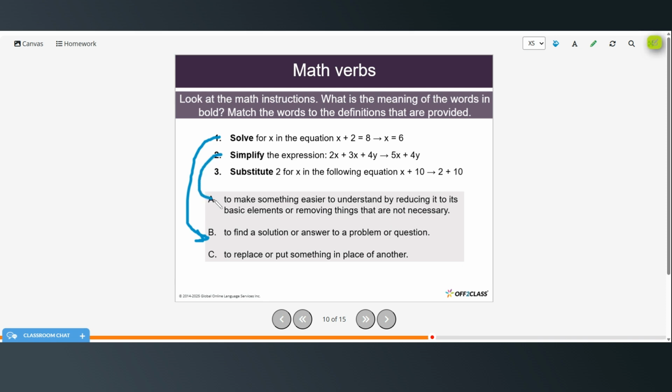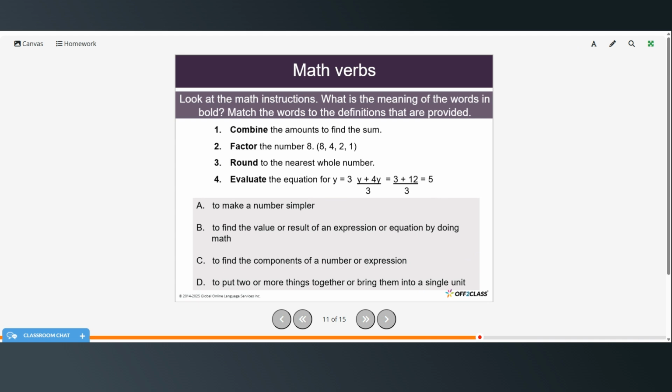That would be letter A. Simplify means to make something easier to understand by reducing it to its basic elements or removing things that are not necessary. And number 3, substitute 2 for x in the following equation. x plus 10 becomes 2 plus 10. And so to substitute means to replace or put something in place of another.